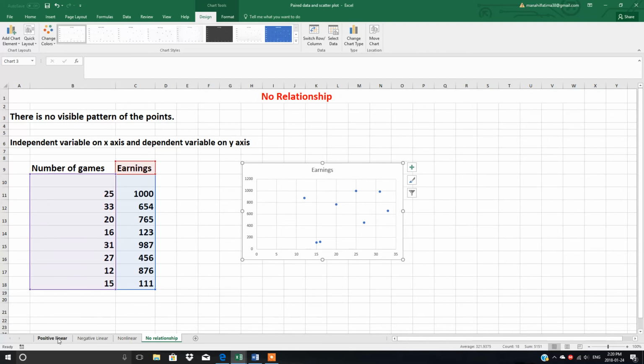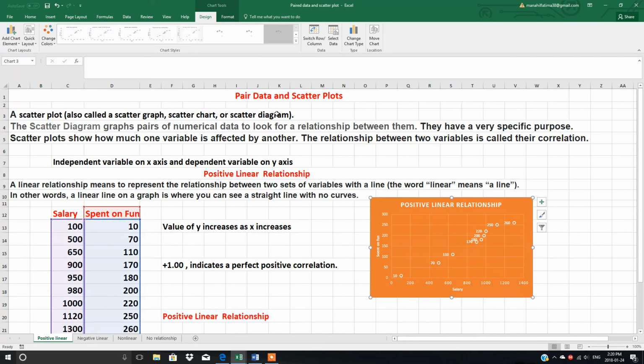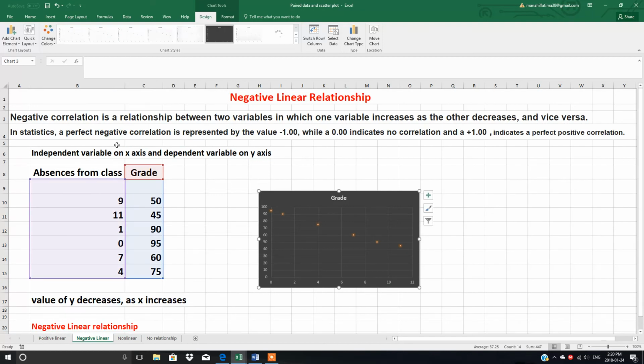So you have learned in this lesson paired data and scatter plots, right? If both variables increase, you will get the straight line, which is called the positive linear relationship. And independent variable you have to take on x-axis, dependent variable on y-axis. If one variable increases, the other decreases, and vice versa, you will get a line like this.